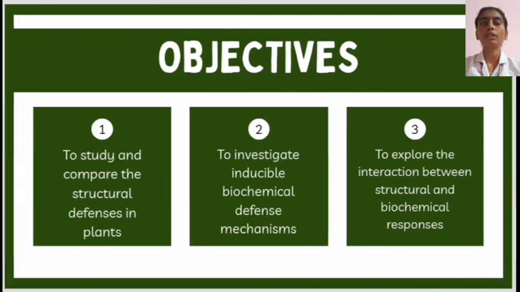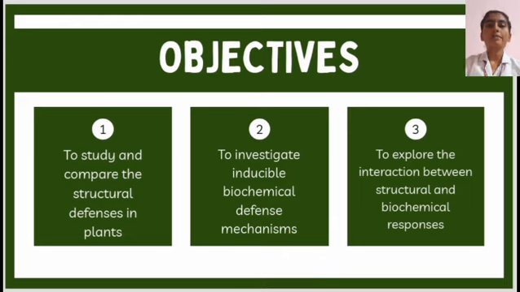Now let us look into the objectives. The first objective is to study and compare the structural defense in plants. This means we will look at the different physical barriers that plants already have, like cuticle, trichomes, etc., and understand how this helps to prevent pathogens from entering.